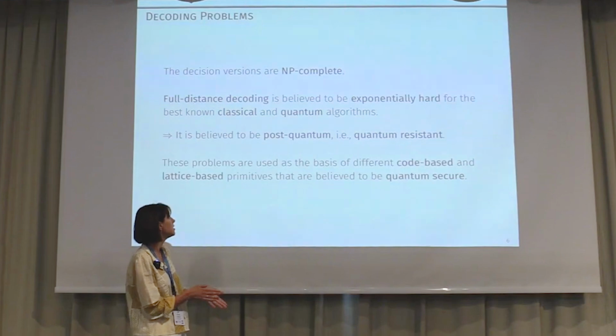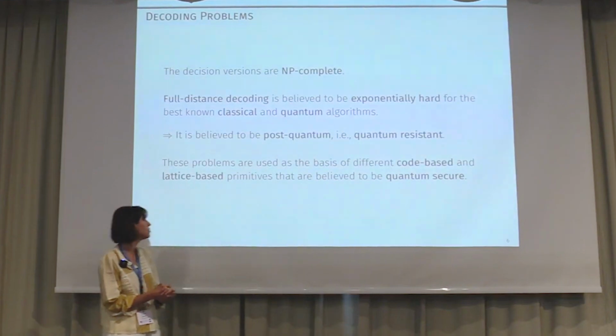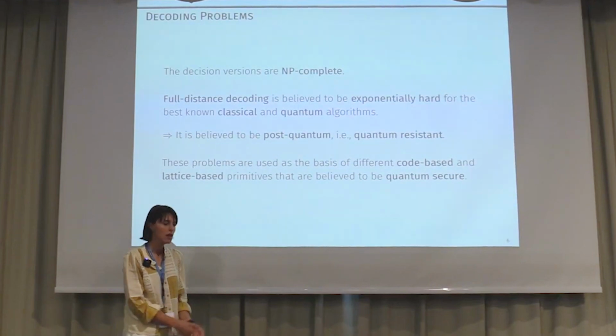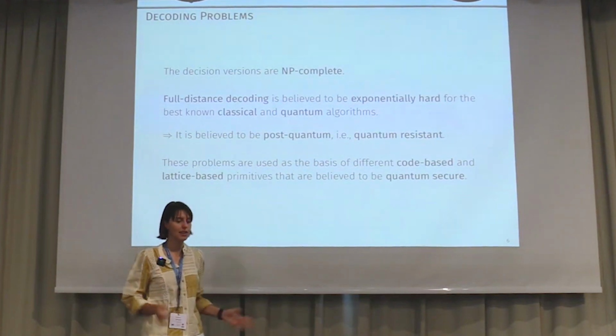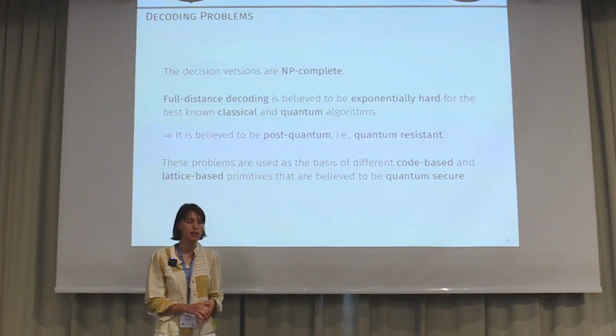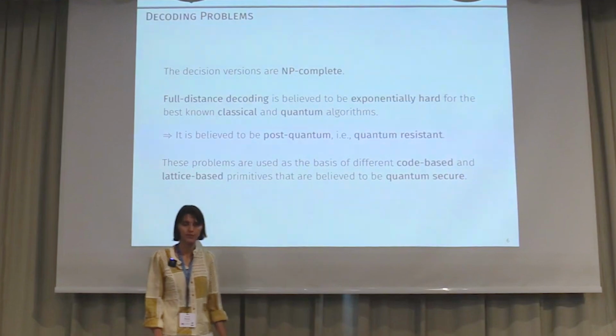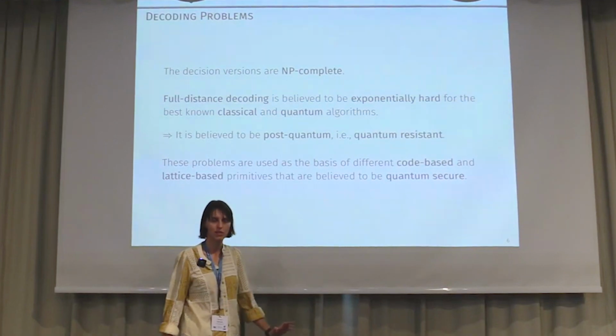As such, they are used as the basis of both code-based and lattice-based primitives that we talked about in the last couple of days. But you can even provide some analogies with the multivariate primitives and multivariate problems. Okay, so that was the recap.